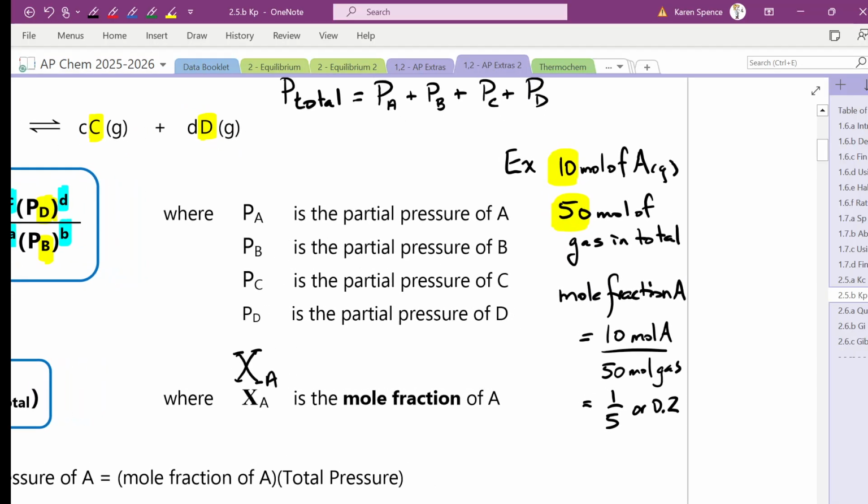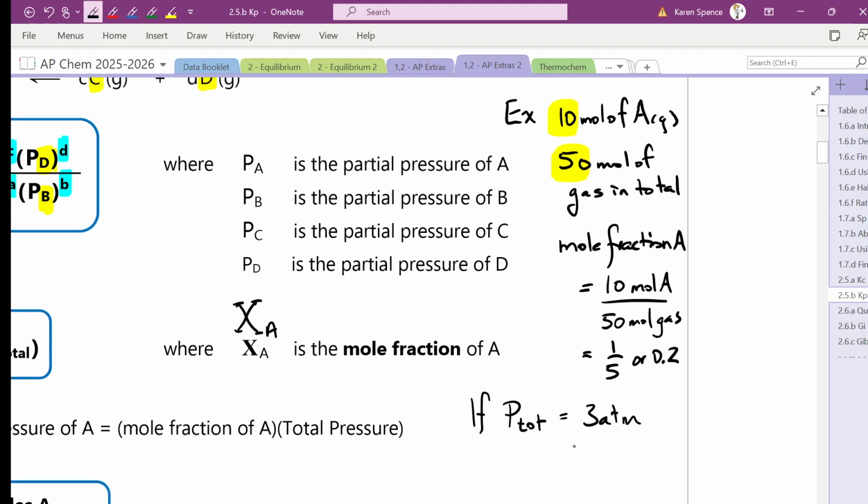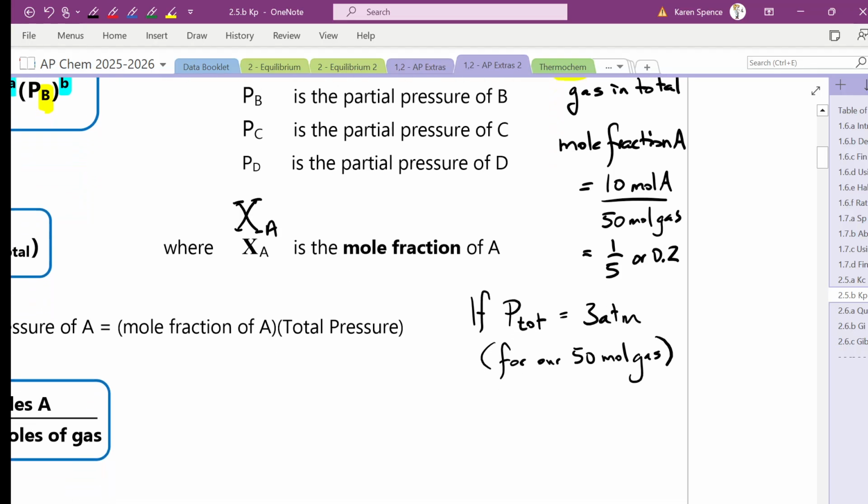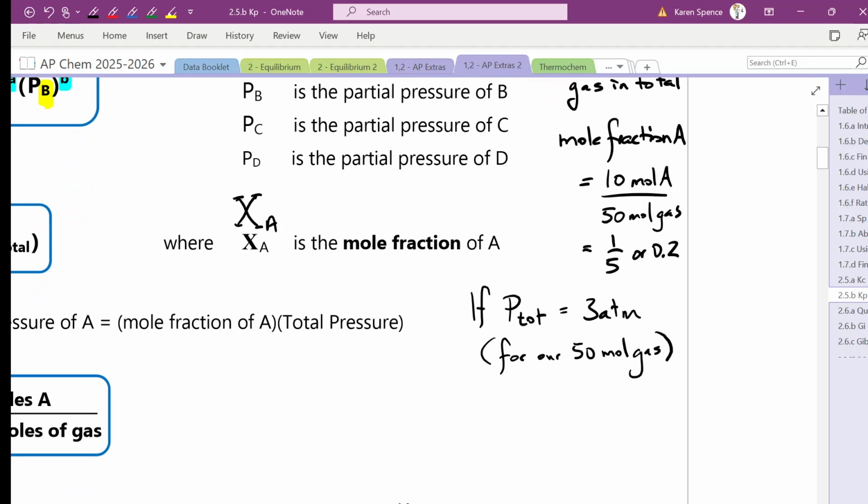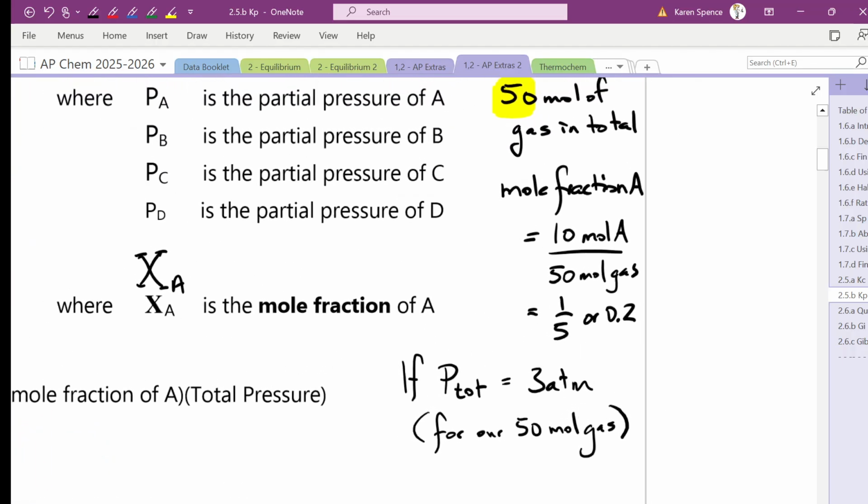Now, let's say that in our little example over here, the total pressure is 3 atmospheres, that's for our 50 moles of gas. What would the pressure due to only gas A be?